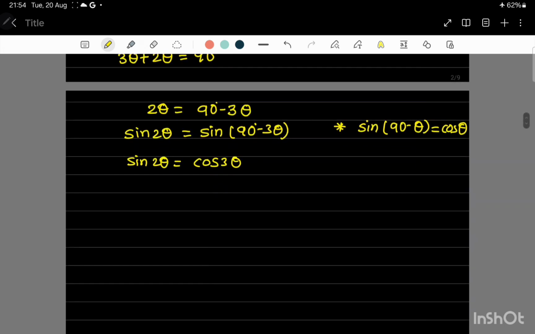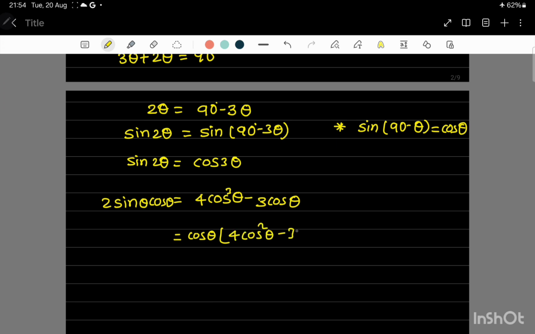We know the formula of cos 3 theta. Cos 3 theta is 4 cos cube theta minus 3 cos theta, and sin 2 theta is equal to 2 sin theta cos theta. So if you take cos theta common on the right hand side, so 4 cos square theta minus 3, and on the LHS side 2 sin theta cos theta.